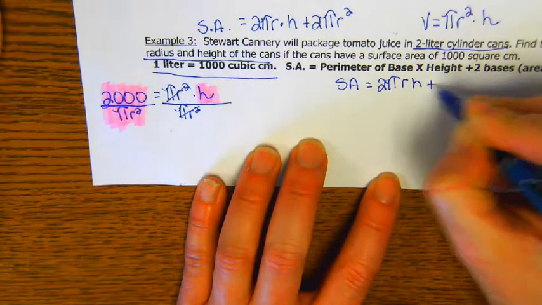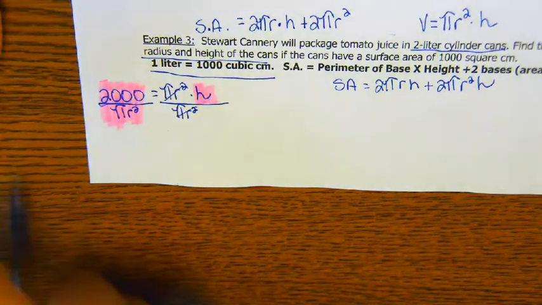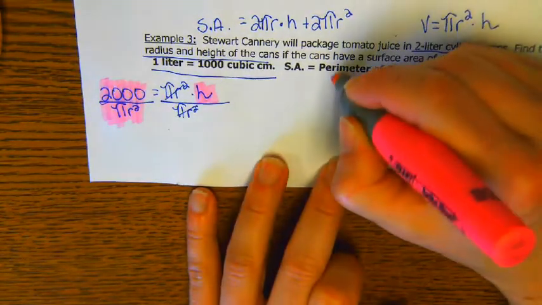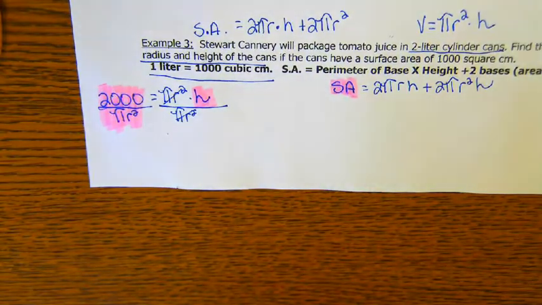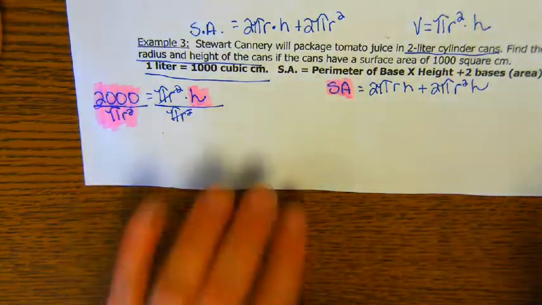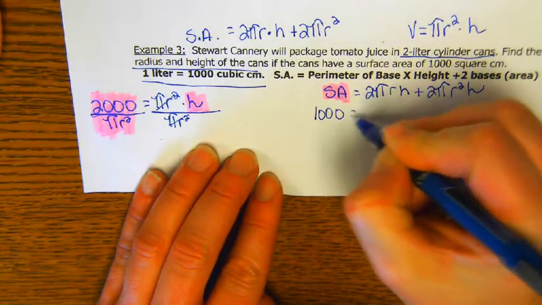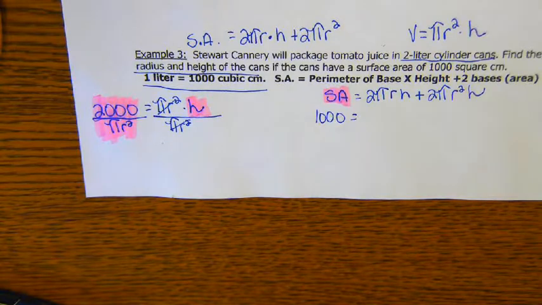And then you can see what I'm doing. I'm then going to plug in things that I know. I want to know when the surface area is 1,000. So what should I put in the spot there? Instead of surface area, I write 1,000.